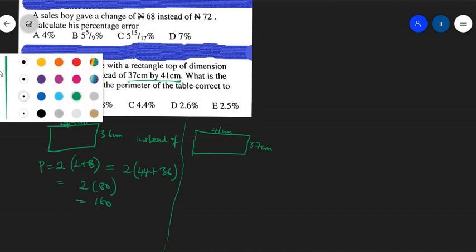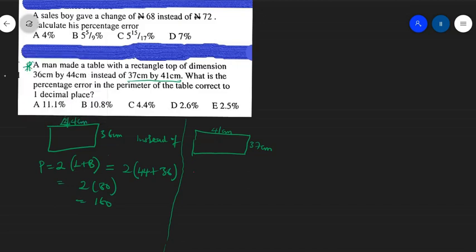Now let's go to what the man actually made. He actually made something of perimeter equals 2 into 41 plus 37, which is 2 into 78. Multiplying by 2 gives me 156.